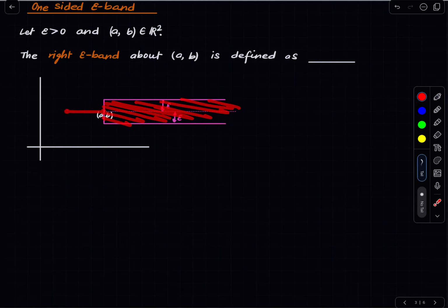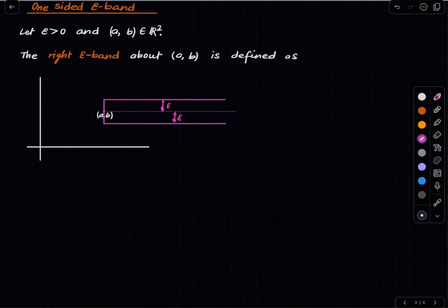To the left of the point, nothing. We don't include anything. We include this much, this kind of open segment. This we include, meaning we do not include the endpoints, but we include this much. And we include everything that is between the two lines and to the right of this. It will be clear when I write the formal definition.